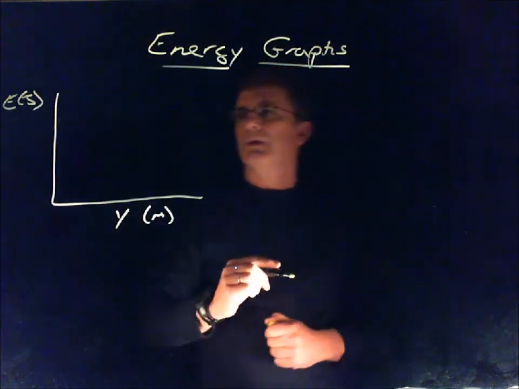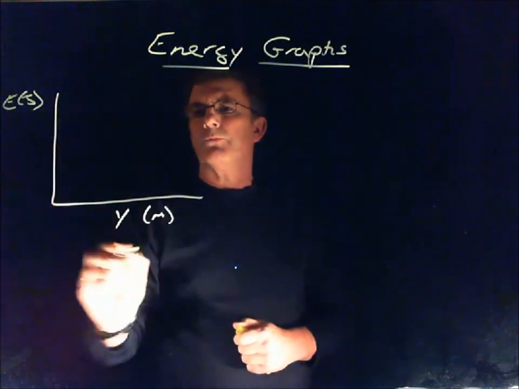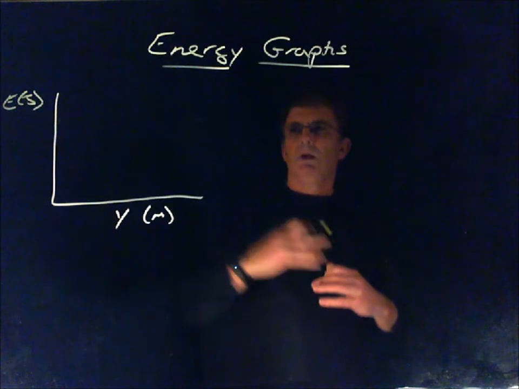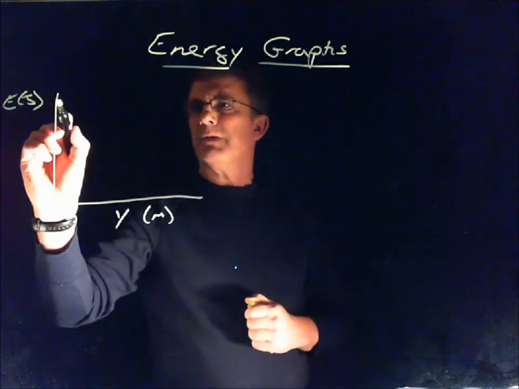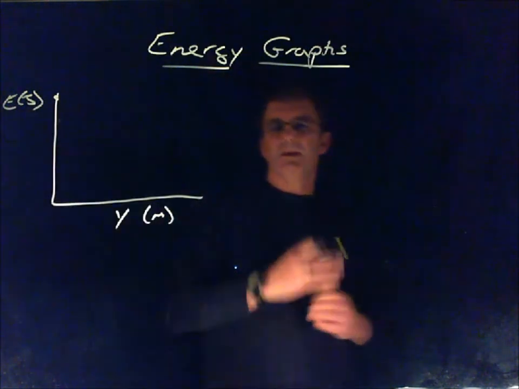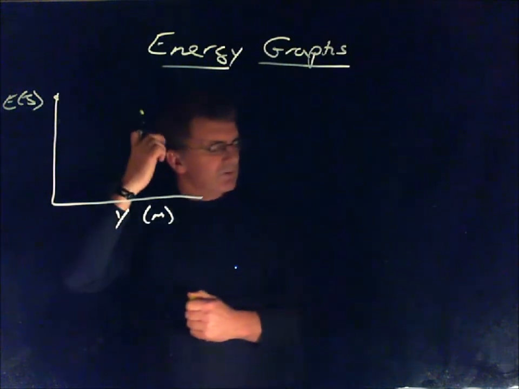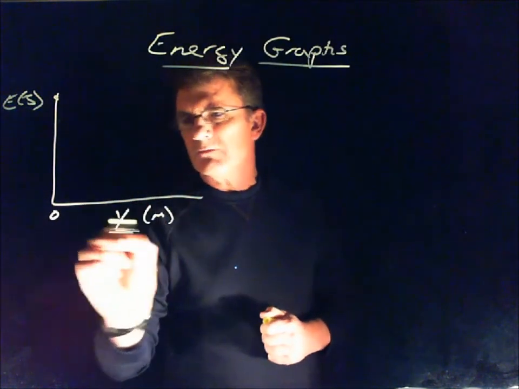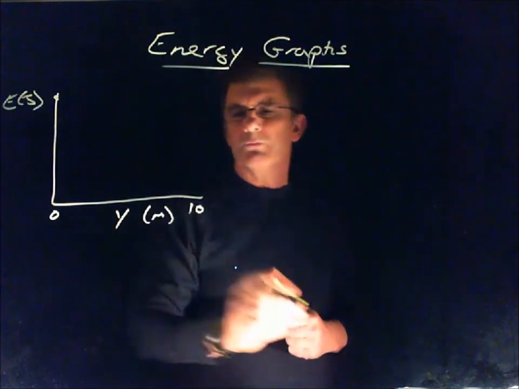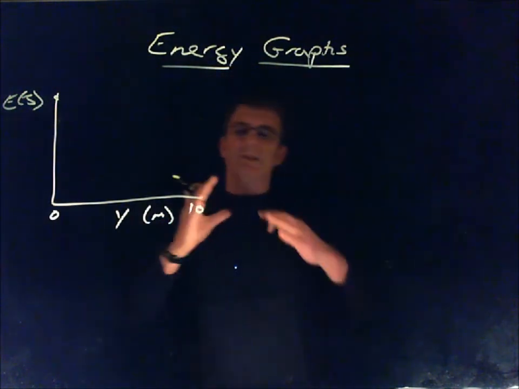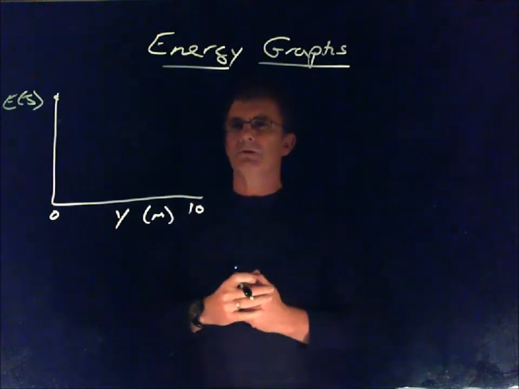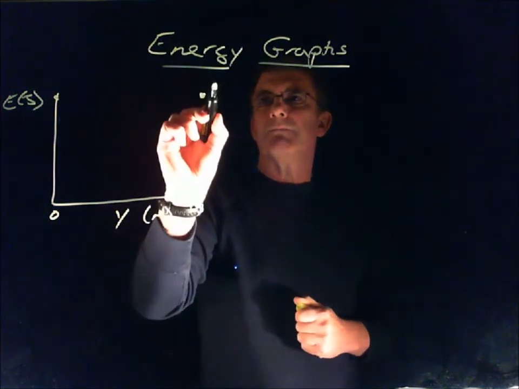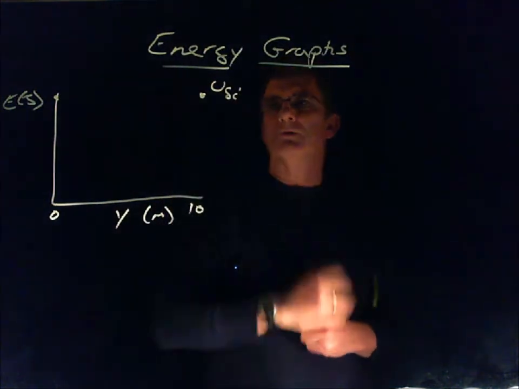And so this is basically a ball falling. Maybe we start up here, and I might do this a little backwards. If this is 0 and this is 10 meters, we start with the ball falling from a height of 10 meters. What we begin with, all our energy right here, is gravitational potential.